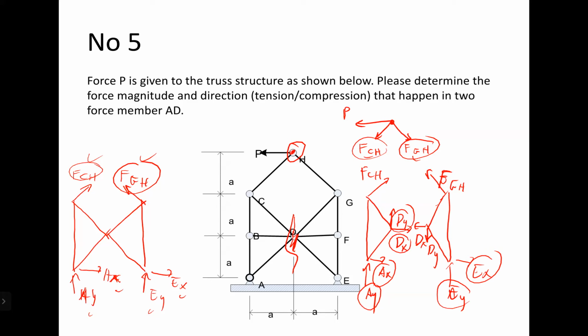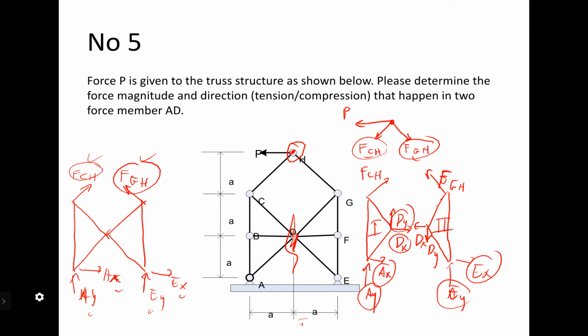In total, we have six unknowns. And in total as well, we have six equations: three from the first free-body diagram, another three from the second free-body diagram.